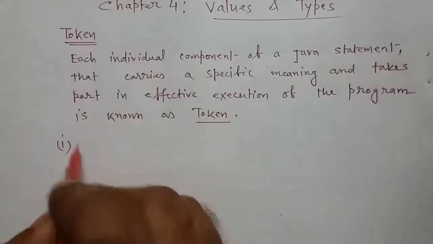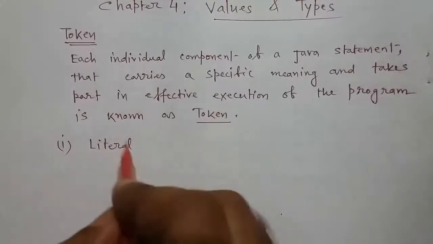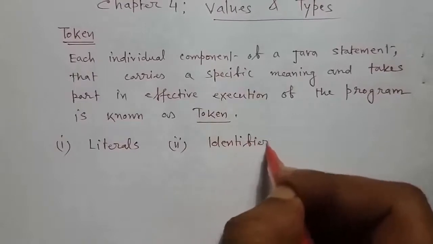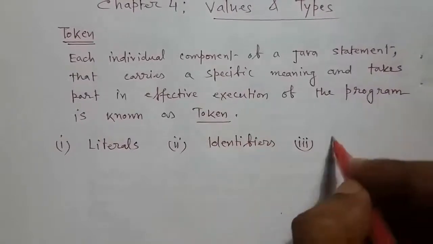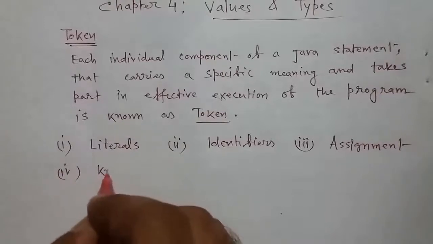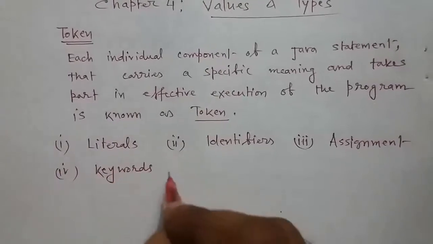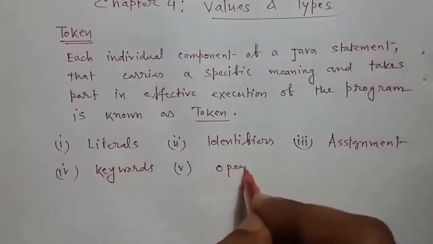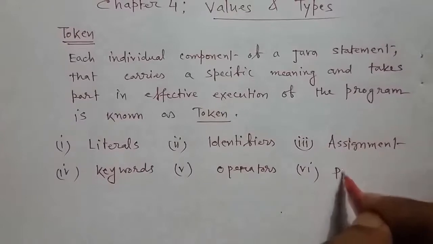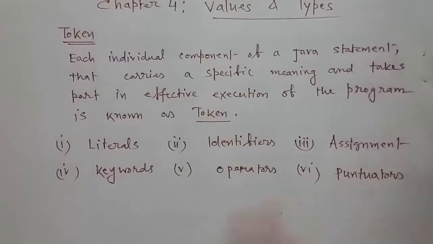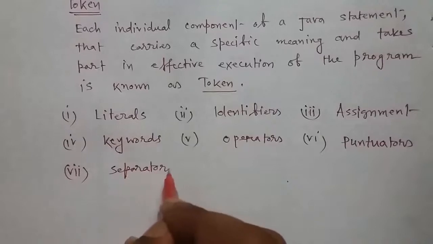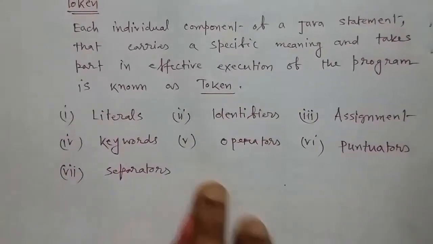These are: number 1, literals; number 2, identifiers; number 3, assignment; number 4, keywords; number 5, operators; number 6, punctuators; and number 7, separators. So these are the 7 tokens used in Java programming.